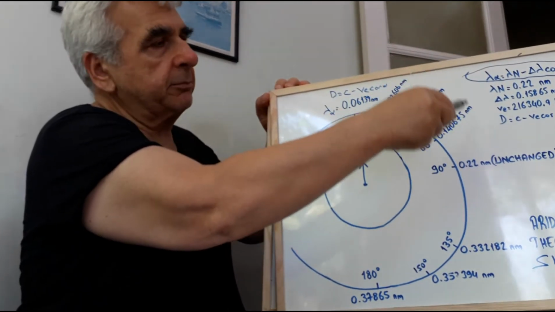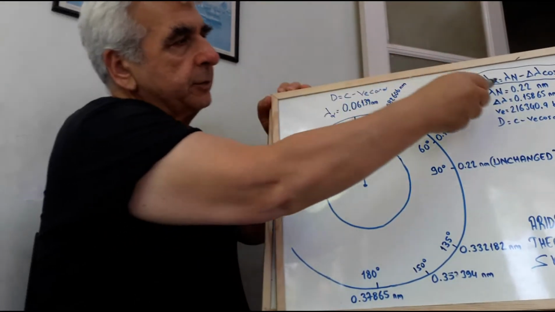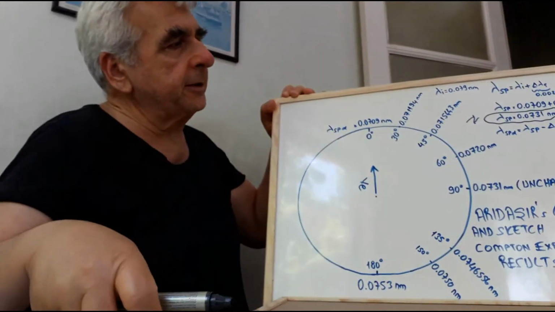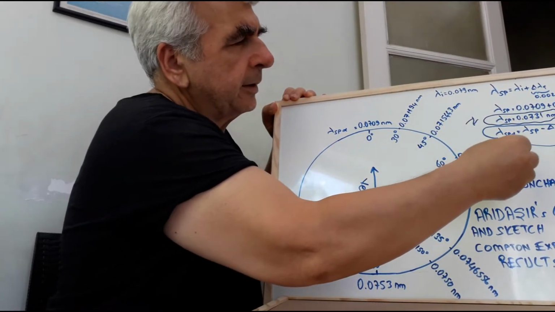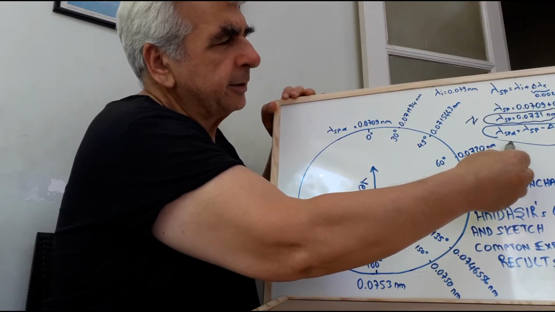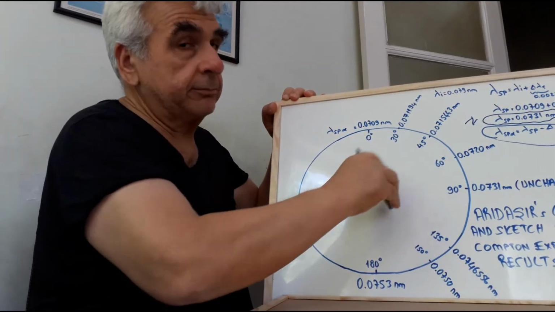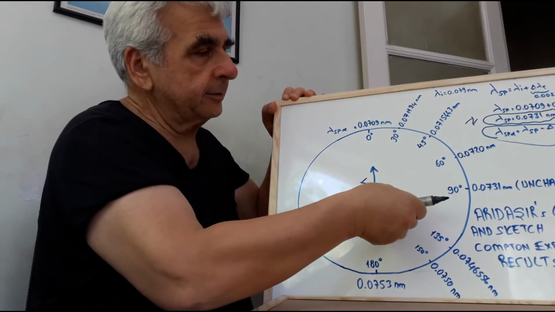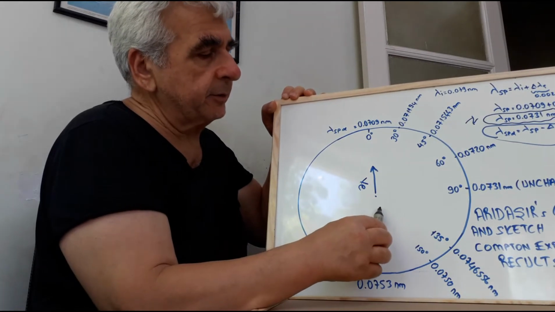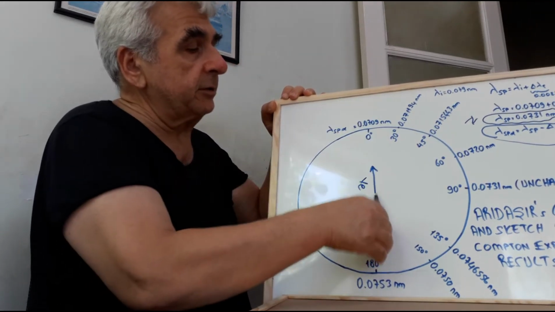According to my theory and my formulas, this is this formula, and here, similarity. Lambda Sp, the deviated wavelength, will change according to angles. X-rays from here in the direction of 0 degree.